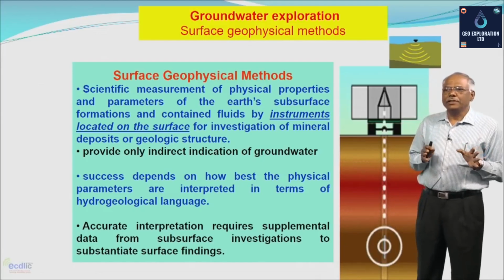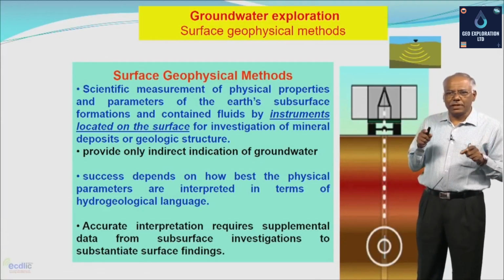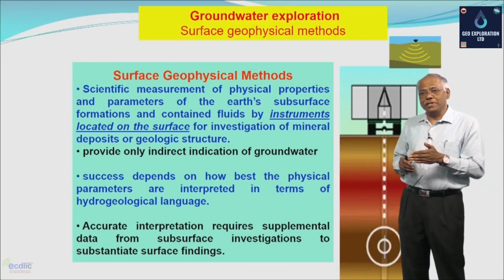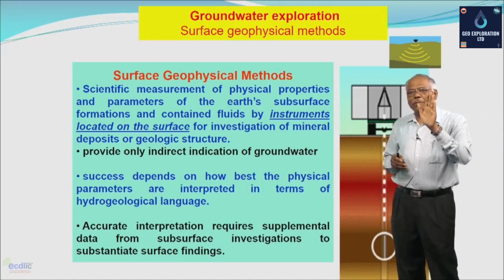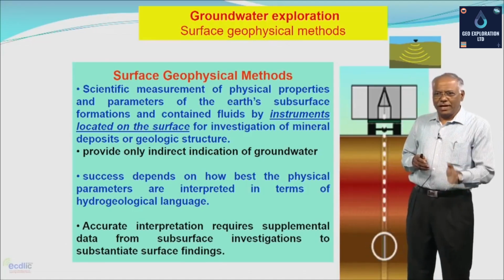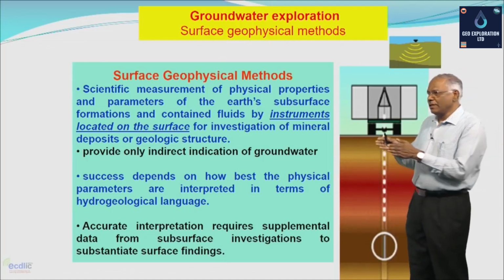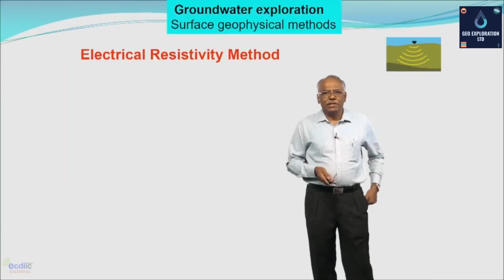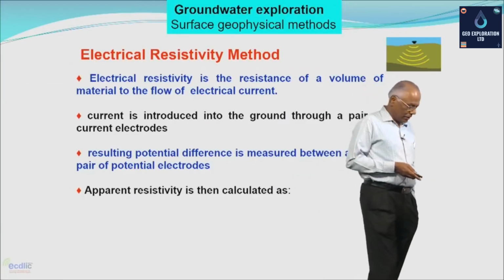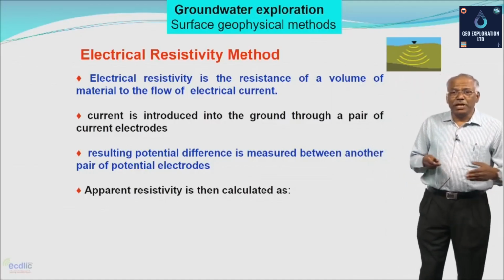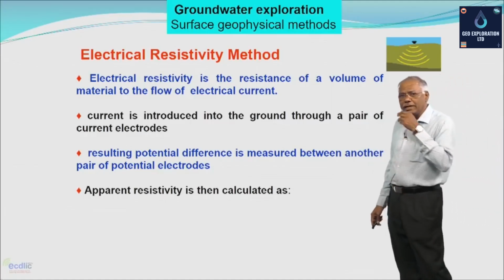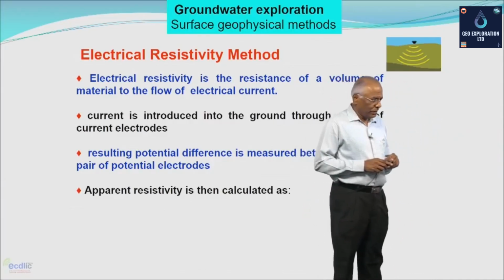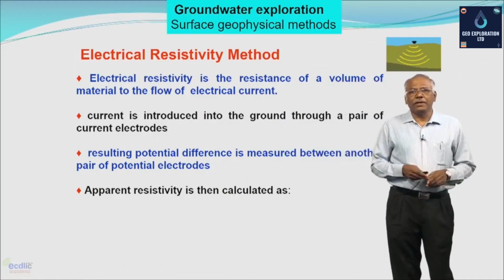Characterize the subsurface using the surface geophysical technique, electrical resistivity, and then see the resistivity values actually obtained for the known subsurface section. That is the analogy you can use, and then you can go ahead with the unknown areas. Basically, this is what helps us get proper results, and the interpretation will match well. In the electrical resistivity method, current is introduced into the ground through a pair of current electrodes.